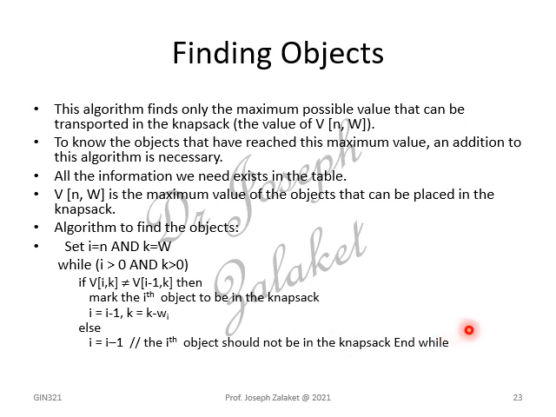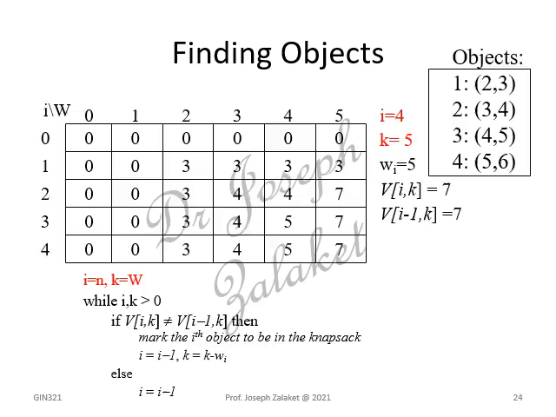Let me apply our algorithm over the previous example in order to identify the objects to be included. So here we have the matrix with the calculated values, and we know that the maximum benefit is this one. The 7 is existing here at V[n][W].